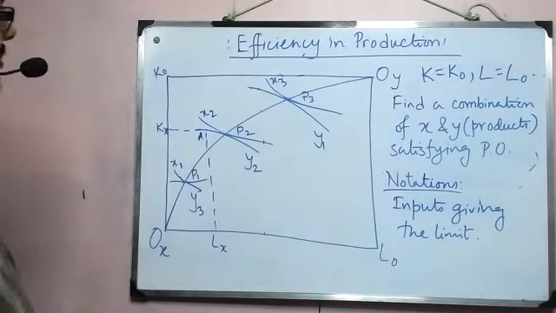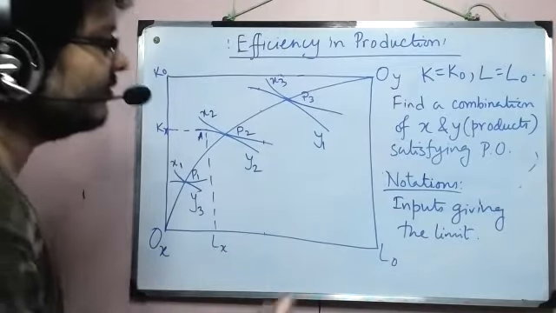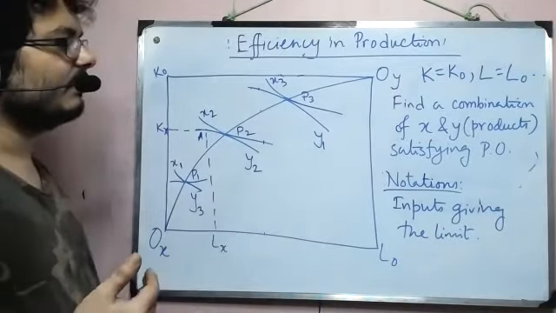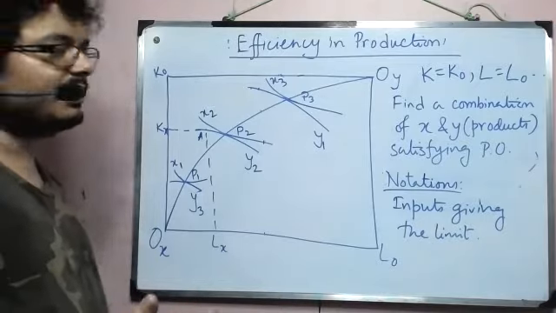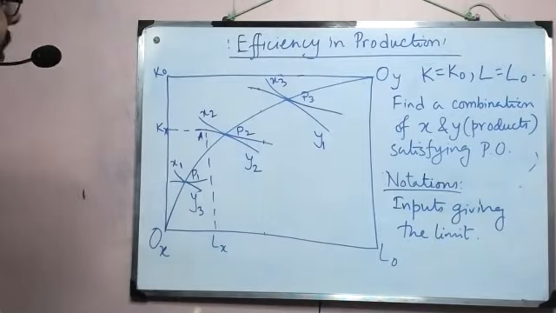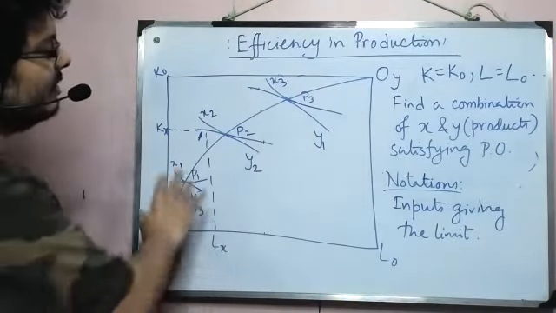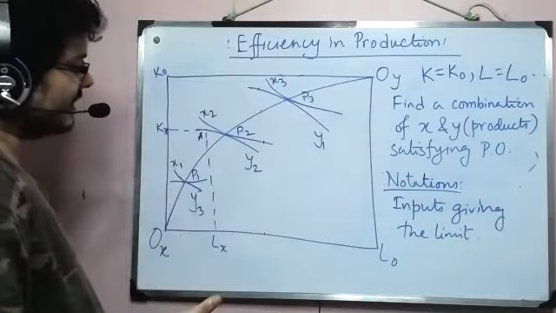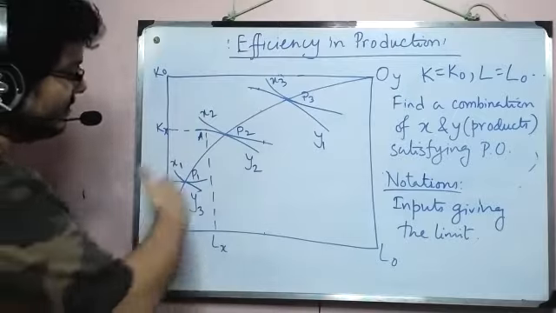All right. This is important, because if you go just by memory and try to copy whatever was done in consumption, then you will end up doing it wrong. So I will say it again: this similarity is limited to this Edgeworth box construction and all these tangential points of isoquants here.